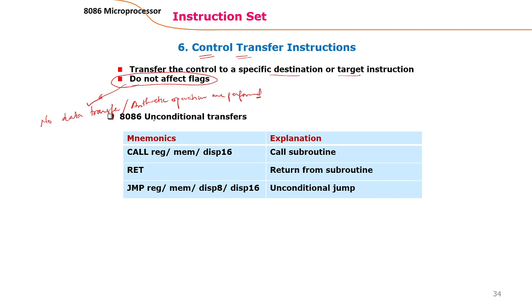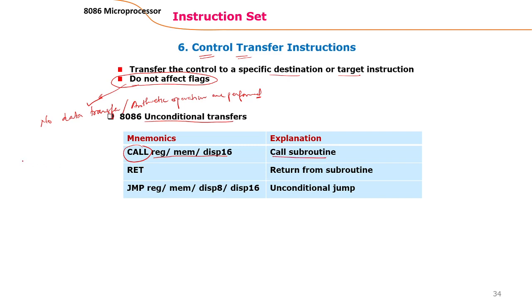Basically, it is of two types. One is unconditional, which means there is no condition. One is call, with a register, memory or some address. If after call some address is given, it will go directly to that address without any condition. This is called call subroutine.